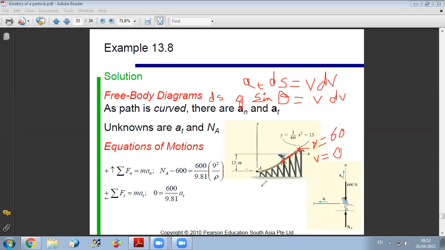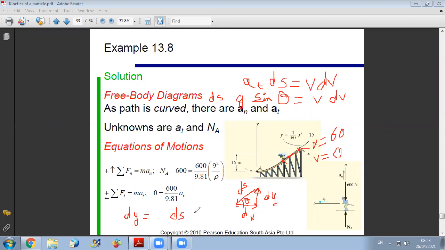How to do it? Let us draw the small elements of motion. If this is ds, let's say downward, this is dx, and this is dy. And theta represents this angle here. So you can easily relate ds and dy through theta. You can write that dy is ds sine theta, but do you think that I should put a minus before it?